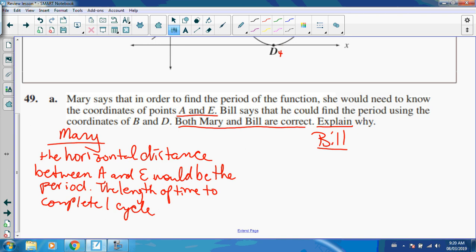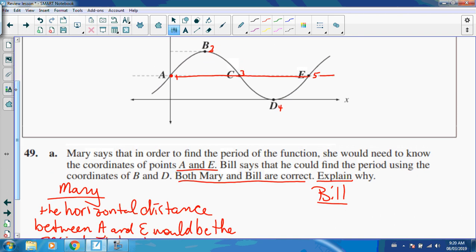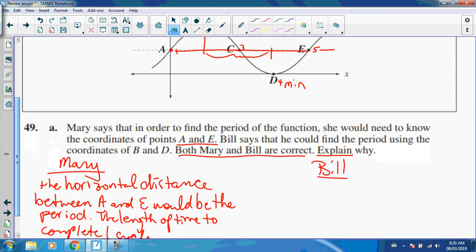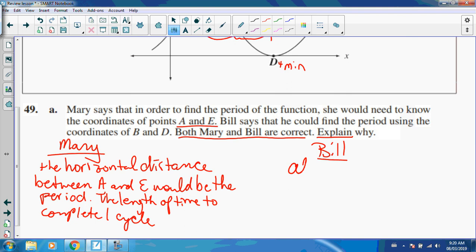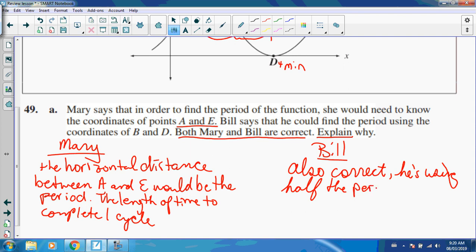Whereas Bill says the distance between B and D. So B is the maximum and D is the minimum, and he's taking only this distance from here to here. And so I would say Bill is also correct because that distance is half the period. He's using half the period. So he would simply double it.